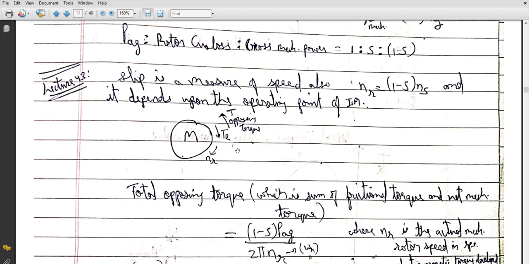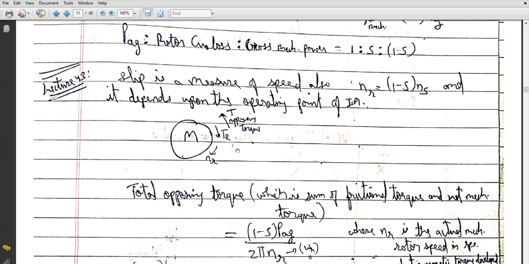You can convert omega into rotation per second and rotation per minute, because omega equals 2 pi small ns, where small ns is the synchronous speed in rotations per second. With capital Ns, omega equals 2 pi capital Ns divided by 60, where capital Ns is the synchronous speed in revolutions per minute.